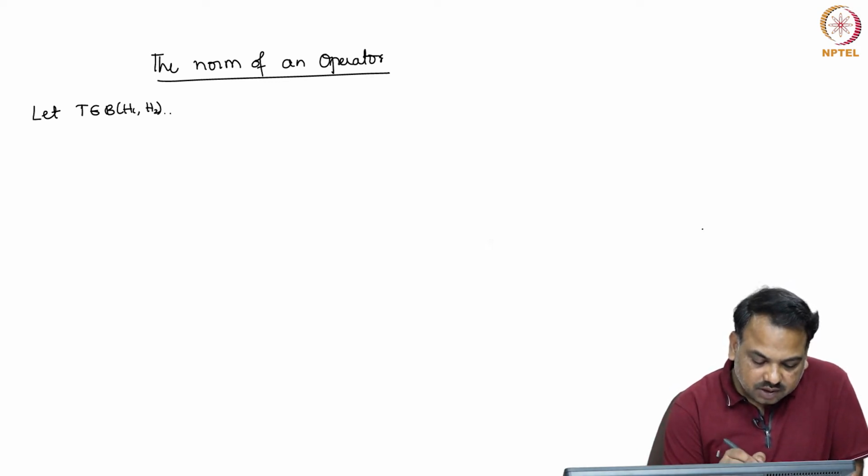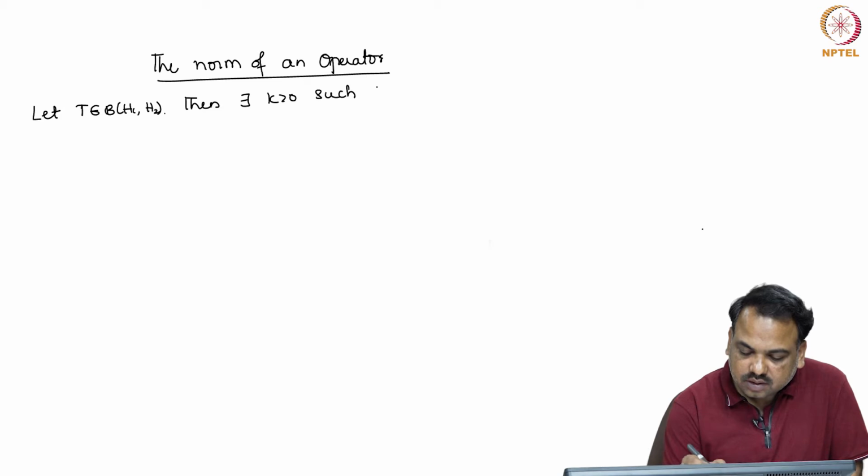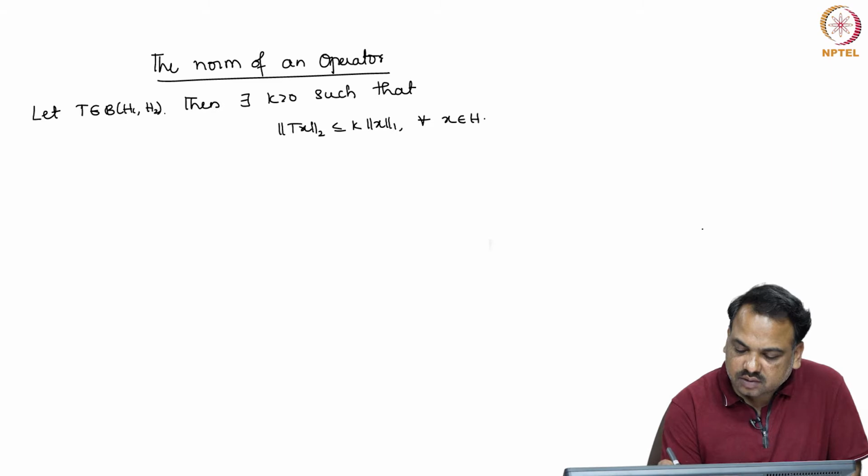T is bounded, which implies there exists K bigger than 0 such that norm of Tx is less than or equal to K times norm x for every x in H1.